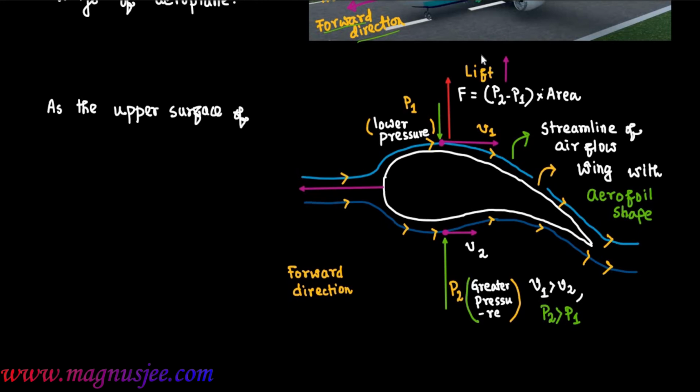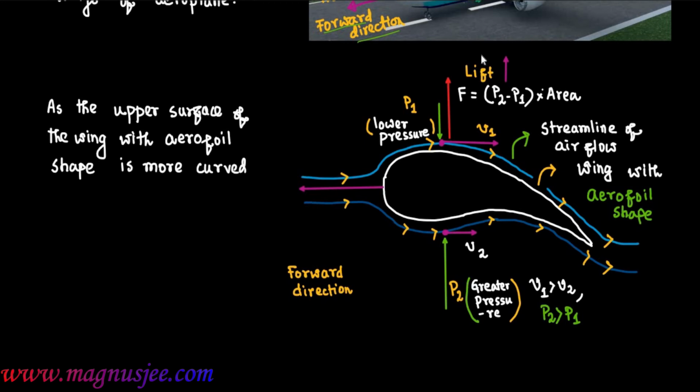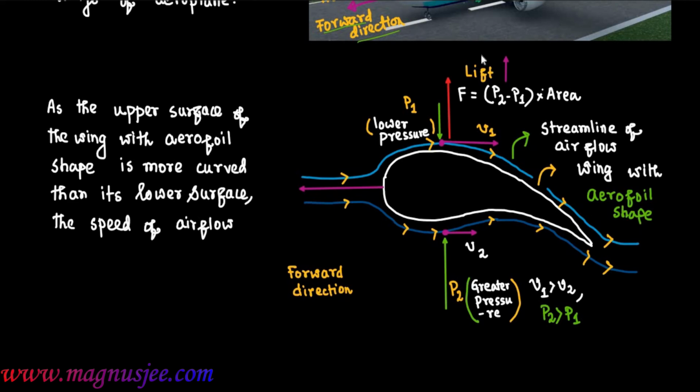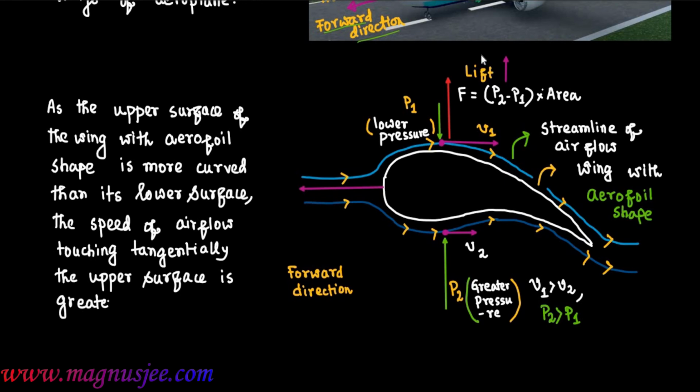As the upper surface of the aeroplane wing with airfoil shape is more curved than its lower surface, the speed of airflow touching tangentially the upper surface of the aeroplane wing will be greater.